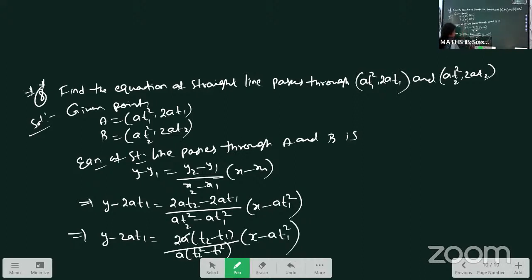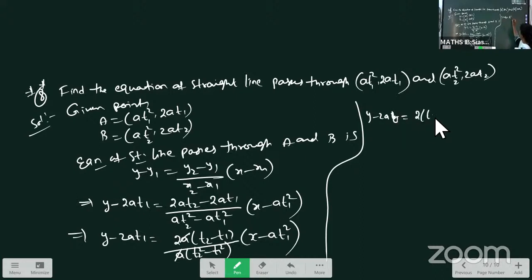So here a and a cancel. Now simplify further. y minus 2a t1 is equal to 2 into t2 minus t1 by denominator, in the form of a square minus b square, we can write a plus b into a minus b, and into x minus a t1 square as it is.